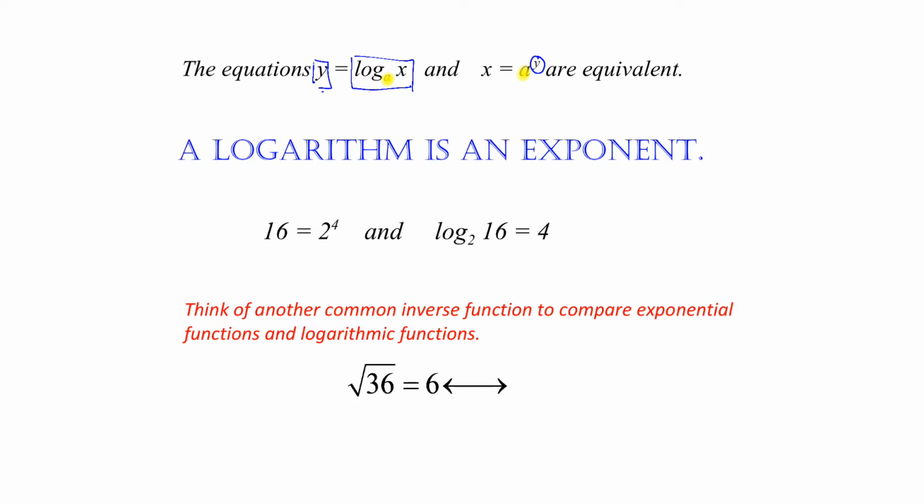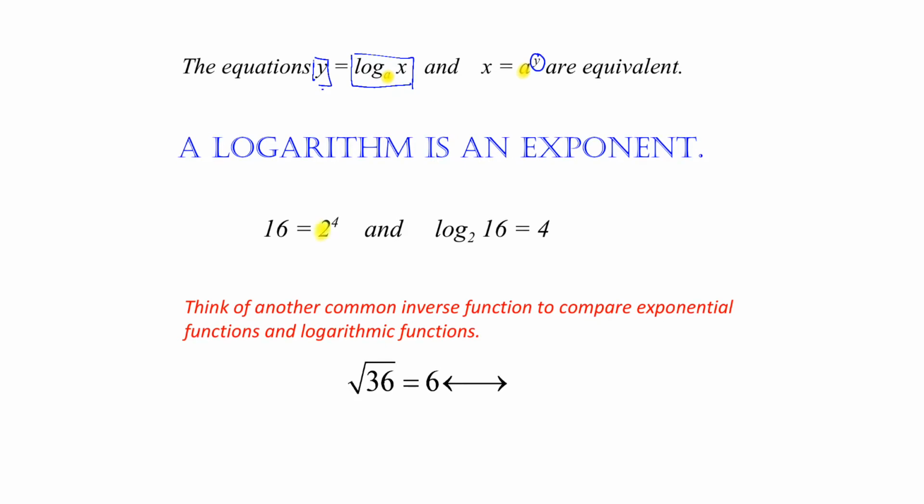So for example, 16 equals 2 to the 4th. If we wanted to write that as a logarithm, you have the base of the exponential as 2, so that's the base of the logarithm. You have the exponent as 4, and the logarithm, which is an exponent, is equal to 4, and then your 16.